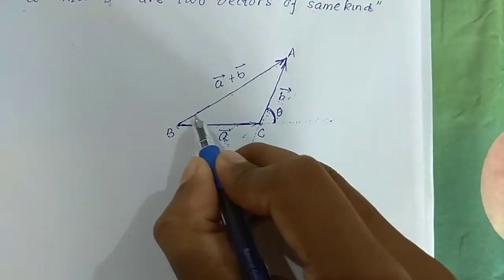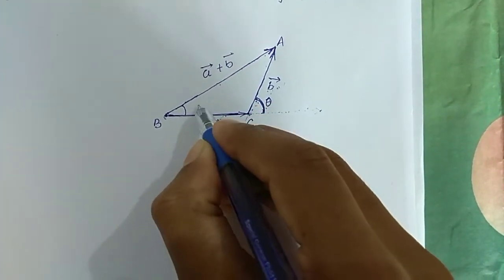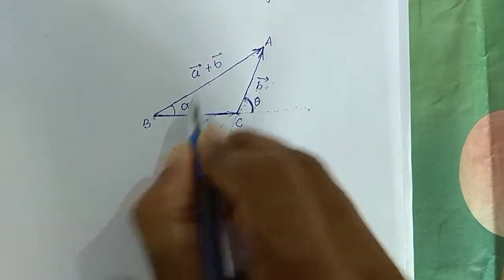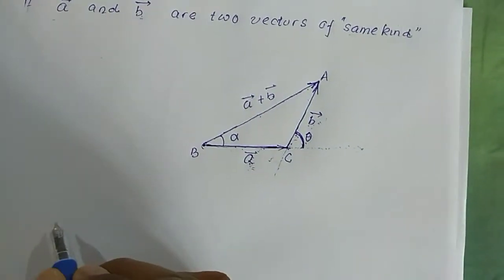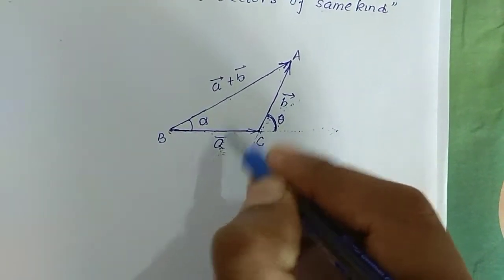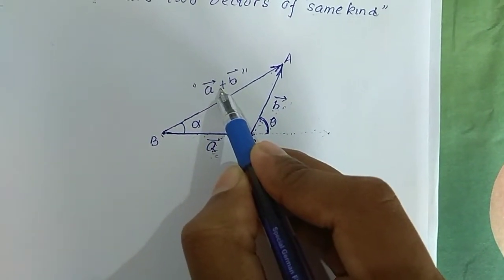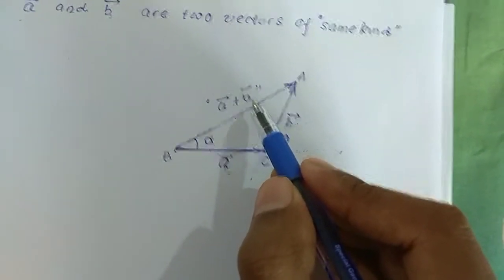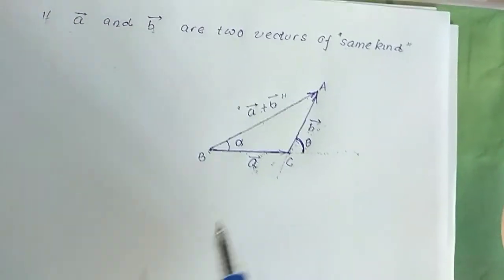Now let this be alpha, which is the angle between vector A and A plus B. That is, alpha is the angle between vector A and the resultant. Here the sum is not algebraic; it is only a symbolic representation of the addition of two vectors of the same kind.